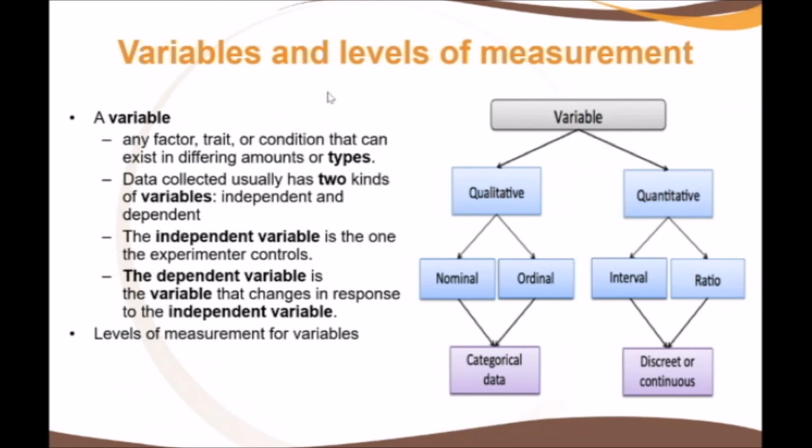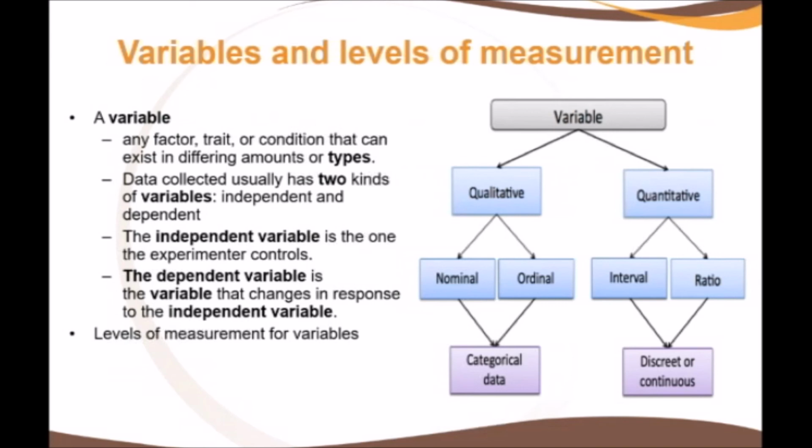So when you collect data, data is made up of variables. What are variables? These are factors or traits or conditions that can change. For example, gender is a variable. One may be male or female or other.